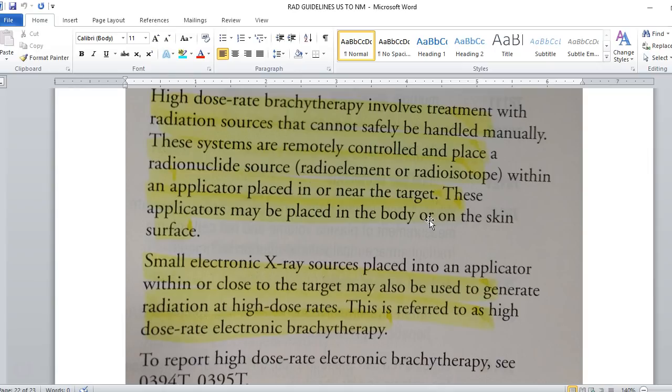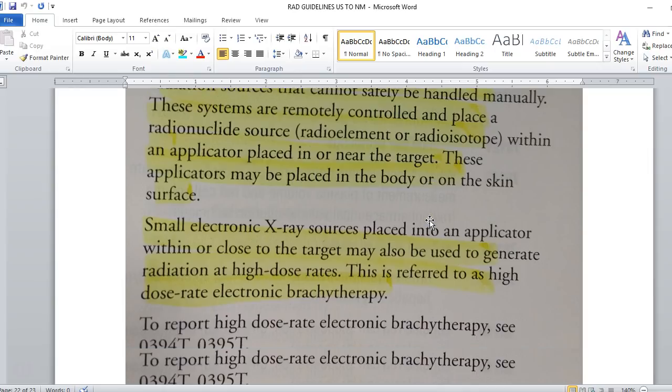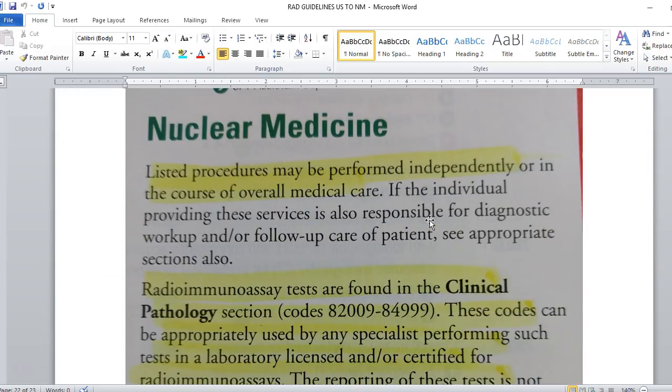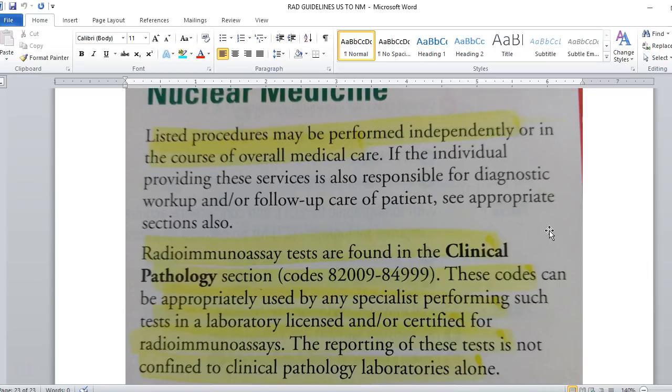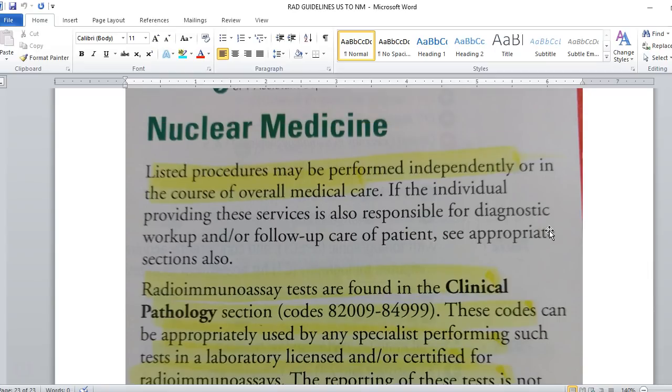The last set of procedures here connect back to radiation oncology, but are also used completely separately: nuclear medicine. The difference between nuclear medicine and a normal CAT scan is that instead of putting in a contrast that will just shine brightly so we can see whether or not there's a blockage in a vessel, we add in different radioactive isotopes.